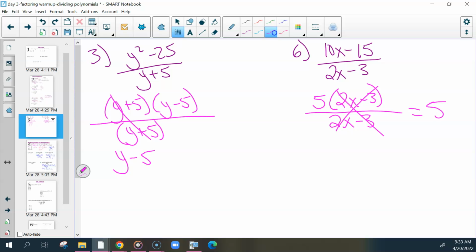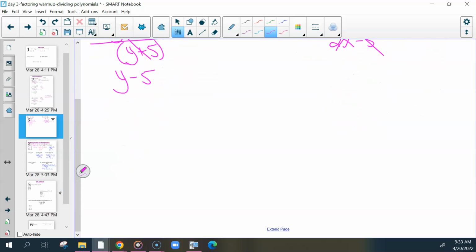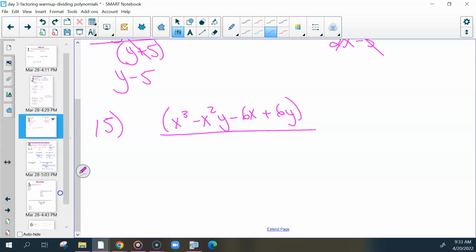I'm going to do number 15 on the back of that page. It's written horizontally. I'm just going to rewrite it so it's vertical. How would we factor this numerator?